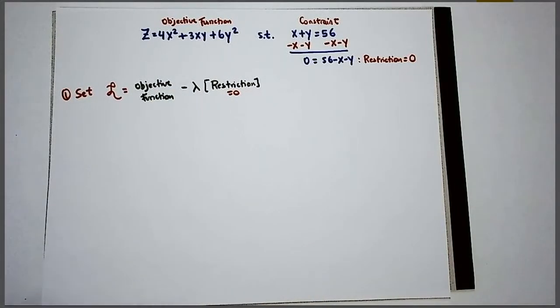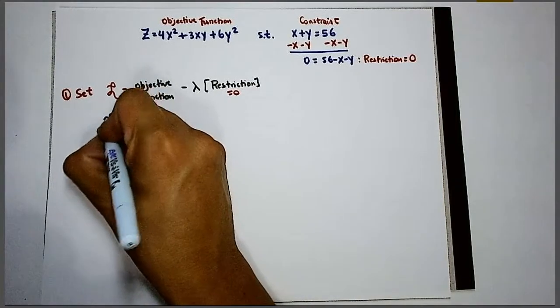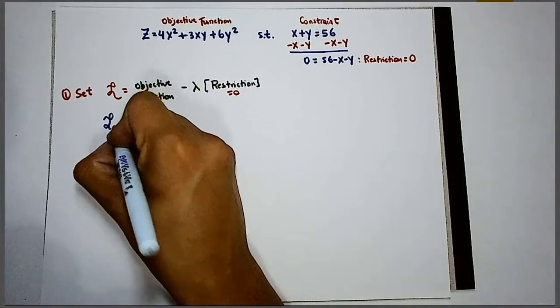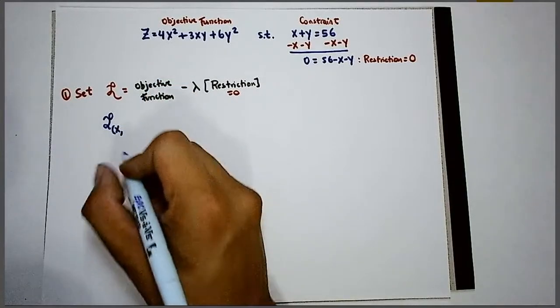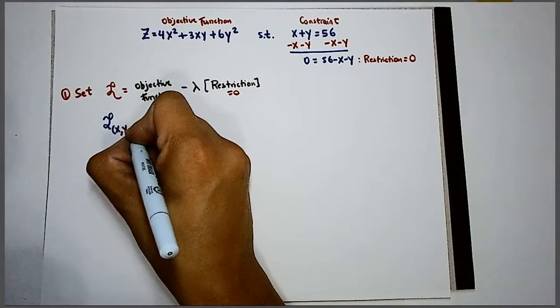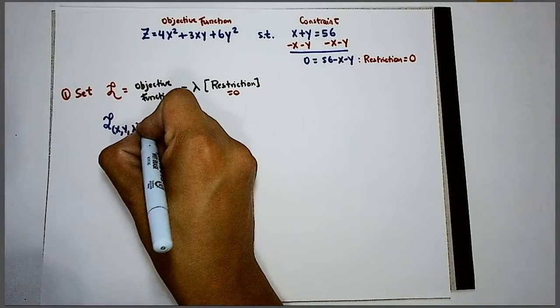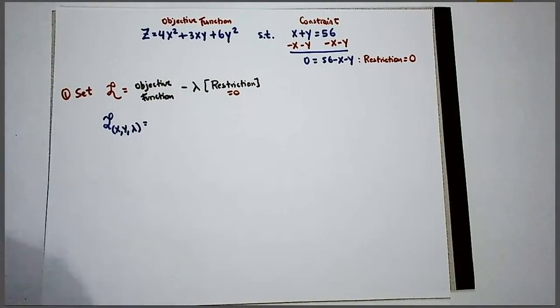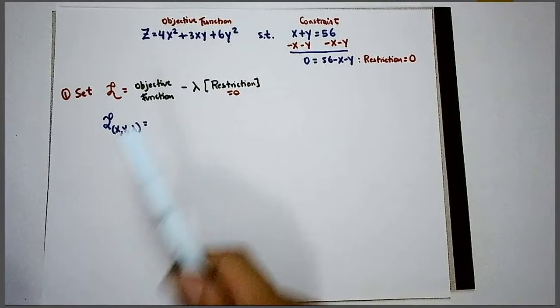So now let's plug in the values for the Lagrange function. And the Lagrange function will be a function of x, y, and the new variable lambda. Here the objective function is this.